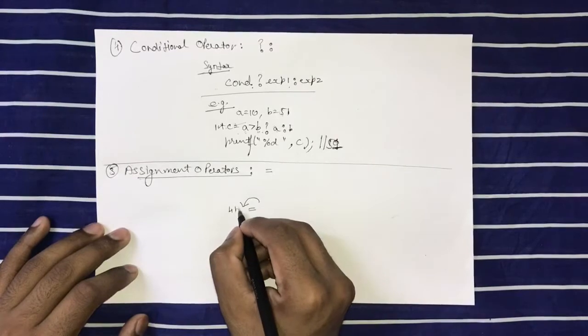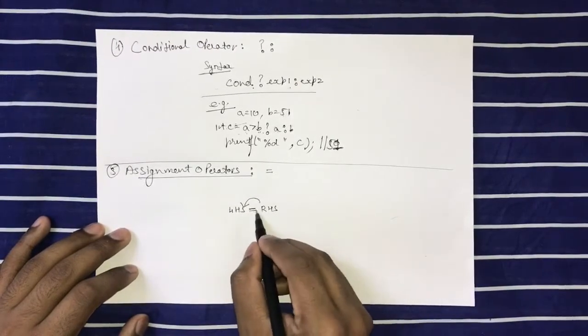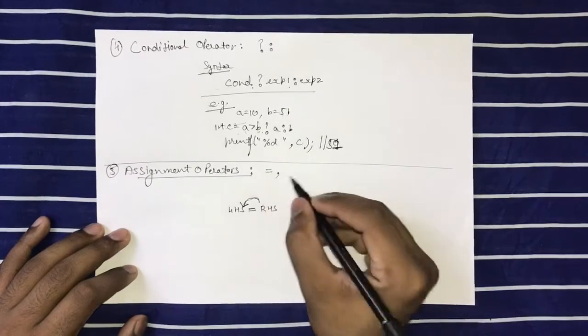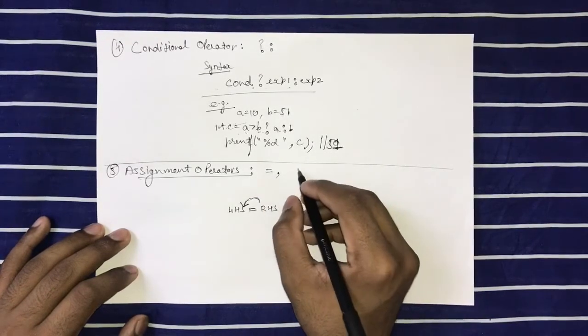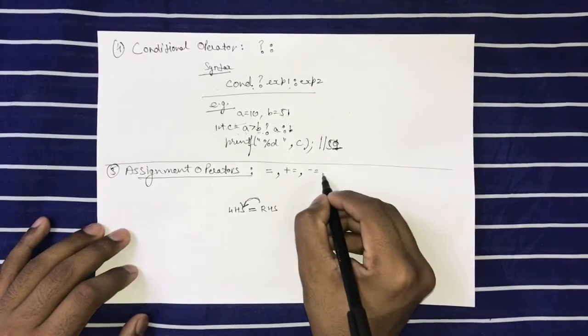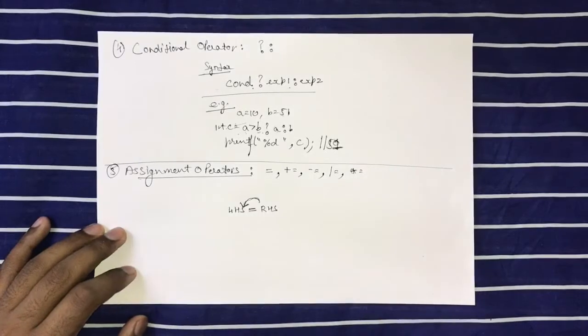This is my left hand side and this is my right hand side. So by default, equal to assigns value from right to left. We have other operators as well in this assignment operator category, which are plus equals, minus equals, divide equals and multiply equals.